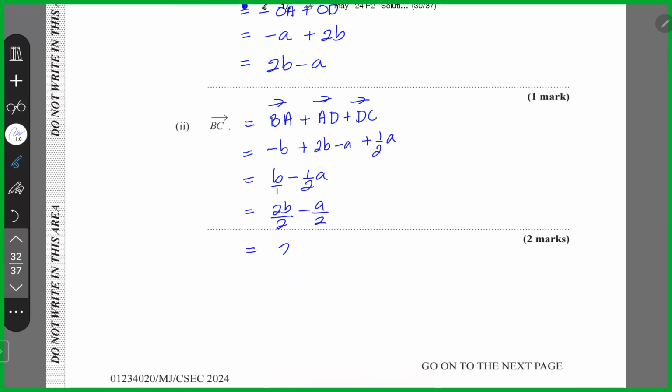This is equal to 2B minus A over 2. Or we could say a half of 2B minus A.